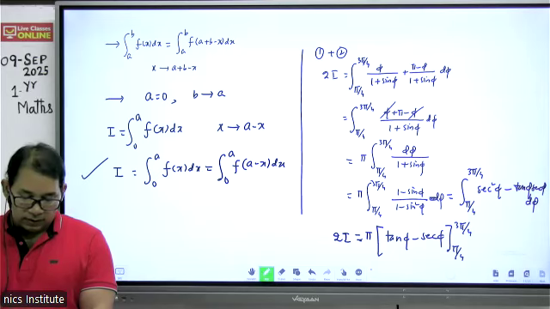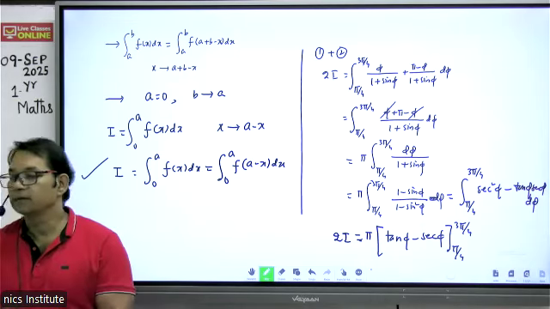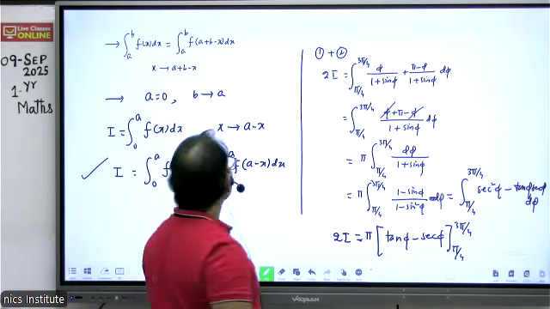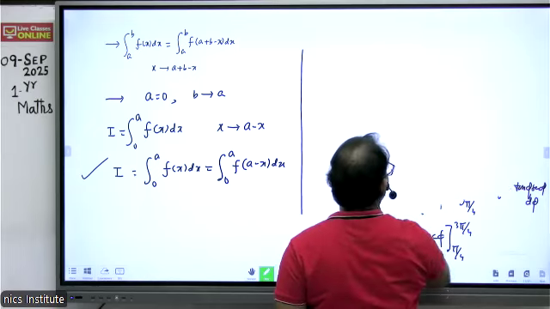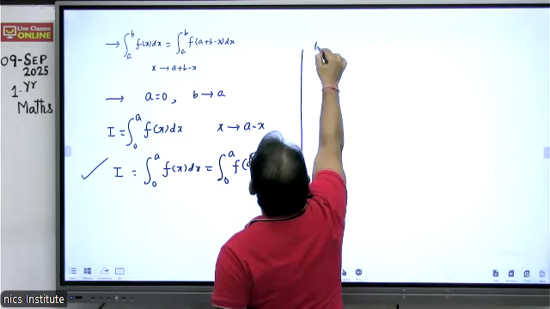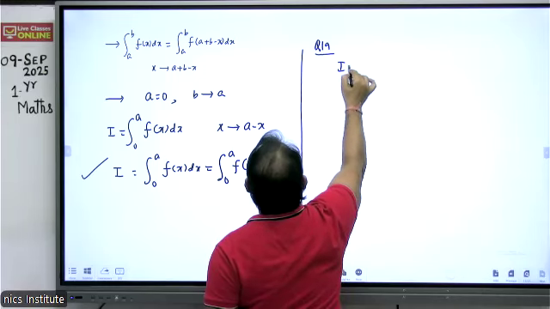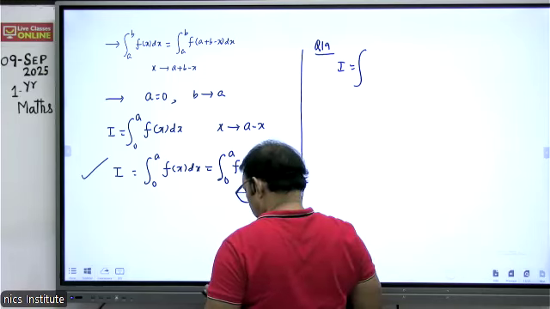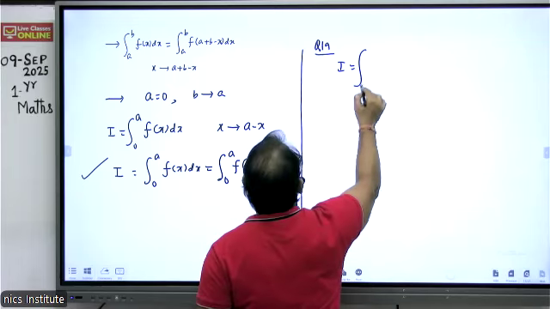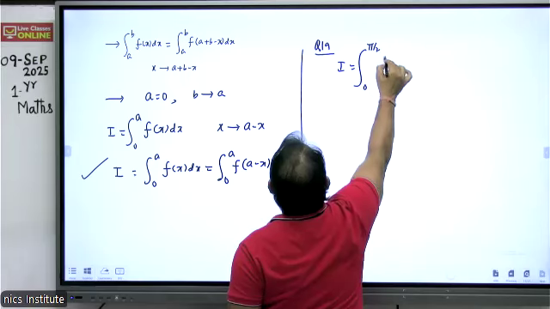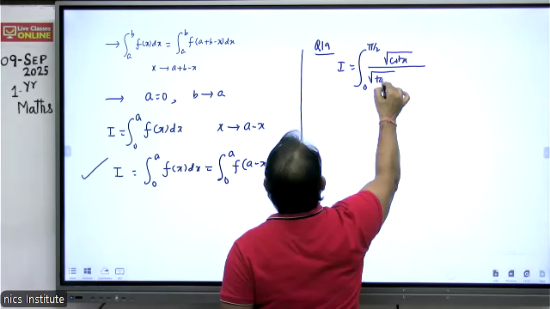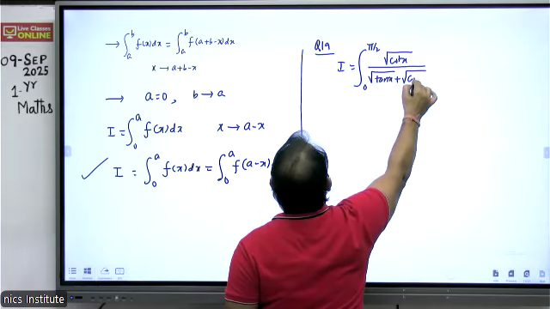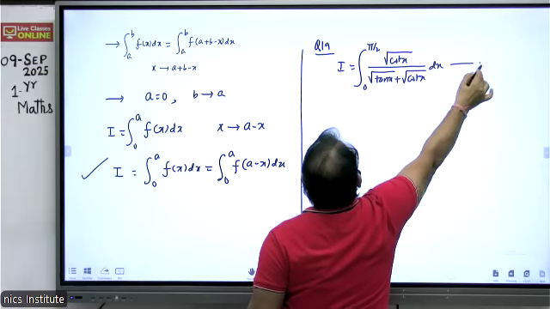Question 19. Let's answer this. Integral from 0 to pi by 2 of root cot x over root tan x plus root cot x dx, equation number 1.